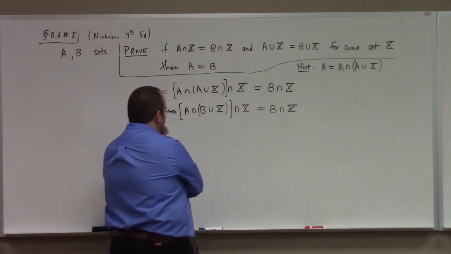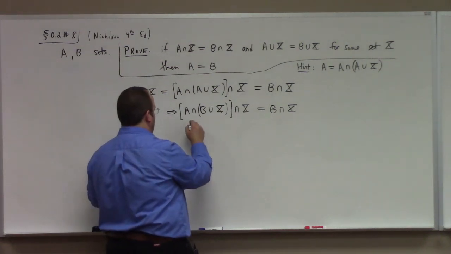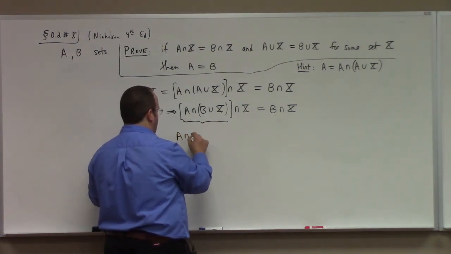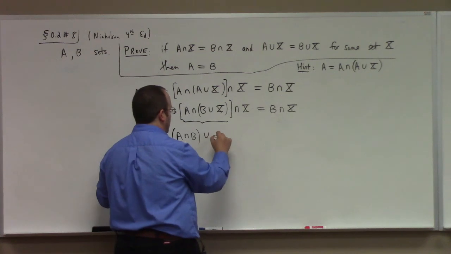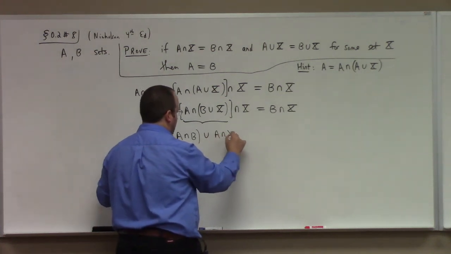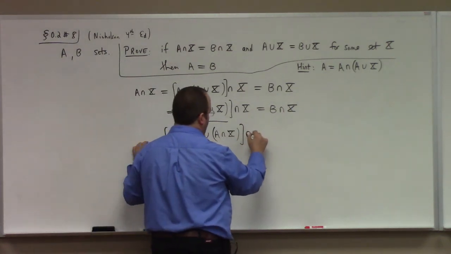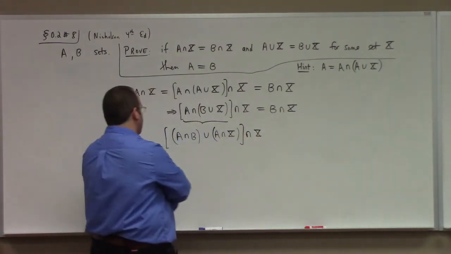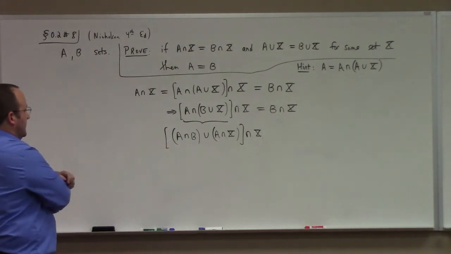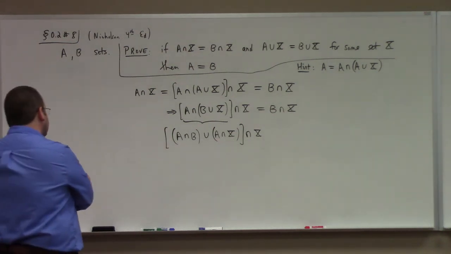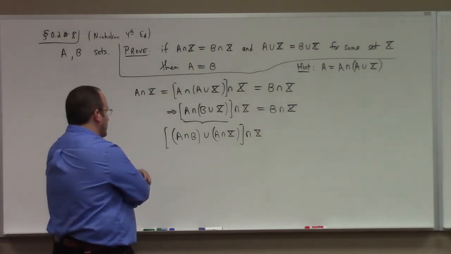So it'd be A intersect B, union A intersect X, all intersected X. So you're claiming that we know this is A intersect B unioned with A intersect X. Is that a property of set theory? Intersections distribute across unions like that? Okay.